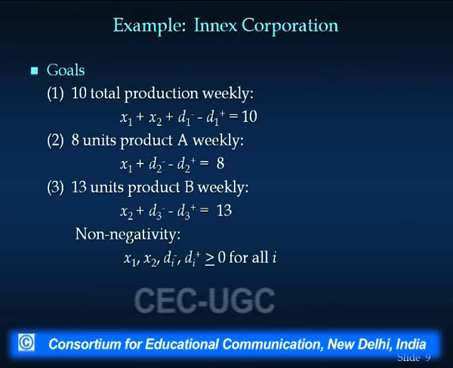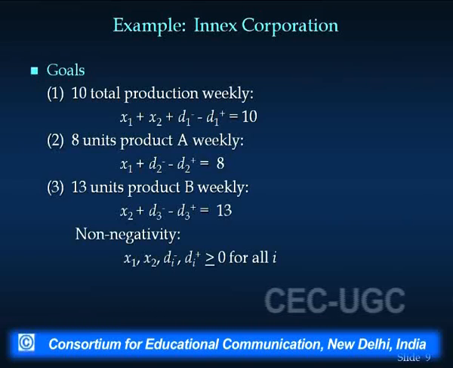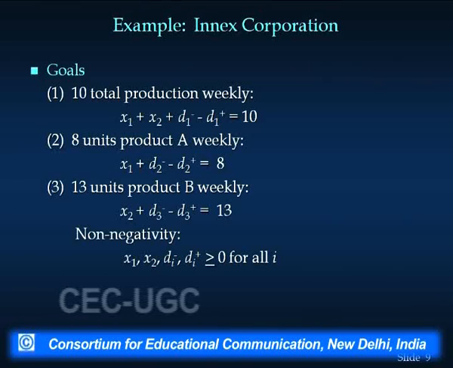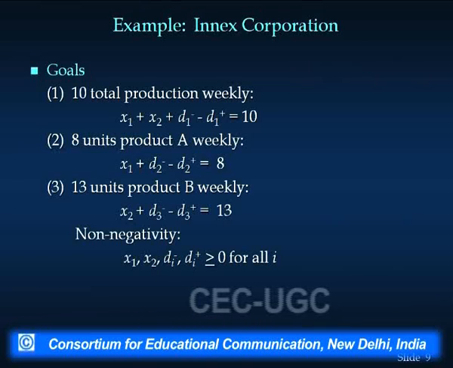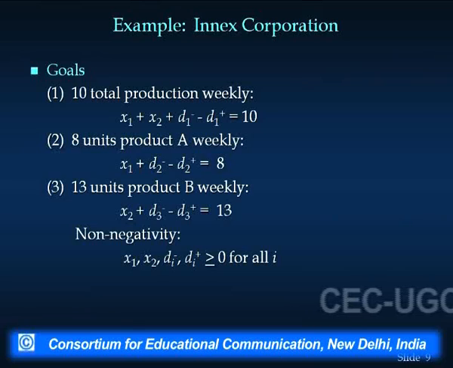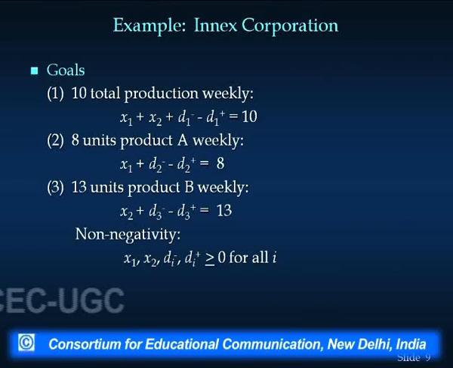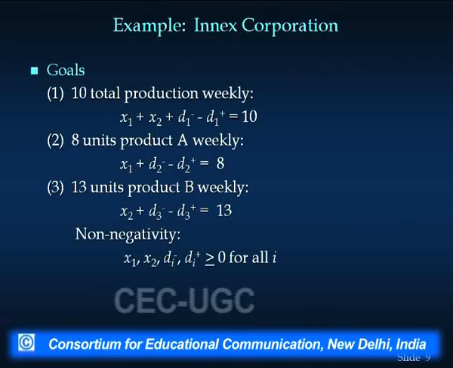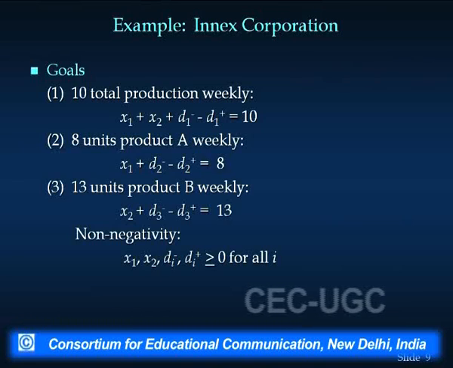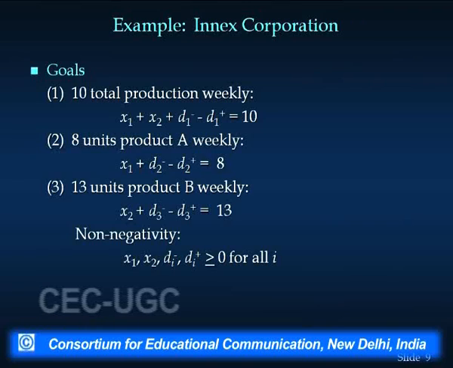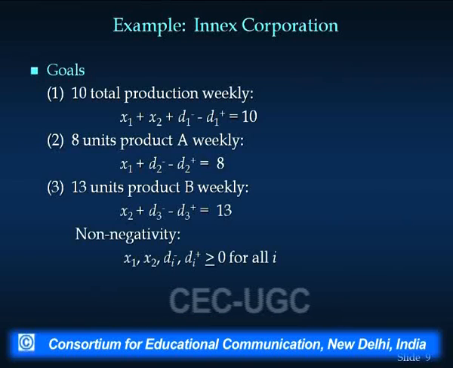Now we will concentrate on this particular equation so that we understand once and for all how it is made. The constraint is on the total production, and total production is x1 plus x2. We want that a minimum of 10 units of product 1 and product 2 should be produced. If it is underachieved, underachievement is shown by D1 minus.